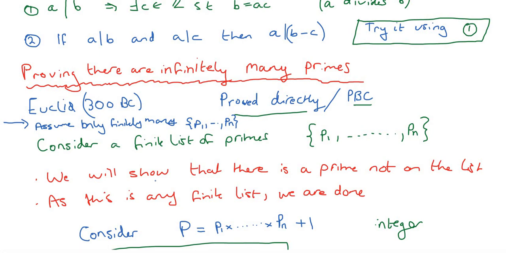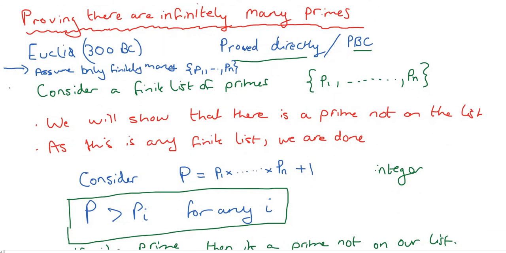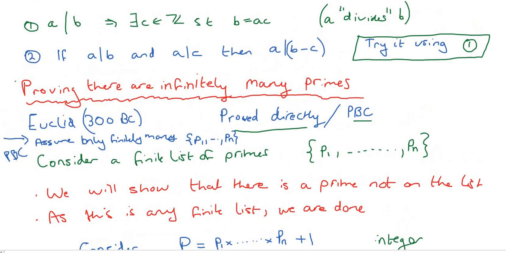What happens when they add this proof by contradiction bit, which I'll write here, PBC, is that they've sort of wrapped the proof up in a shell, with the starting assumption, assume only finitely many primes, and the end, contradiction. Okay, so hopefully that makes sense.